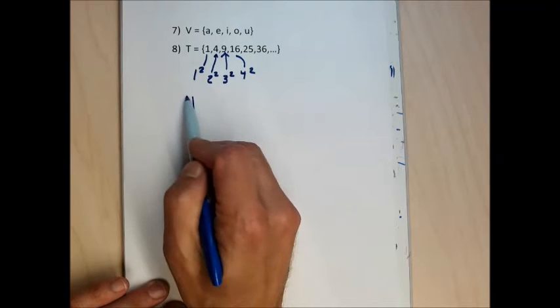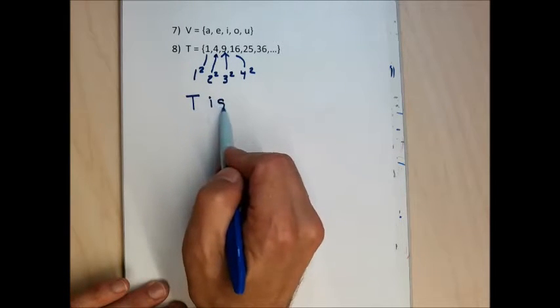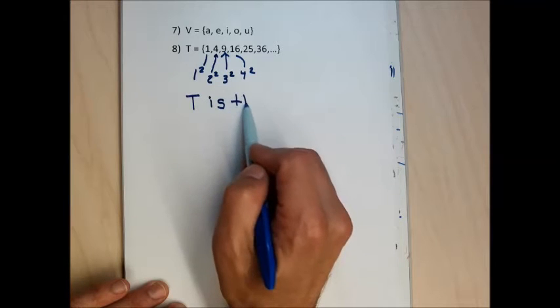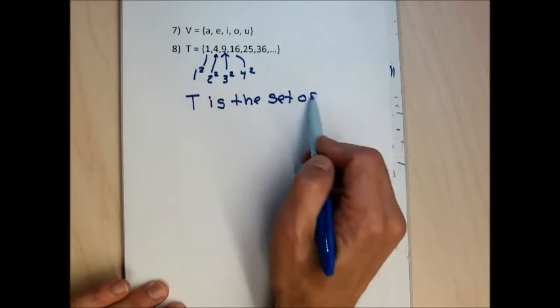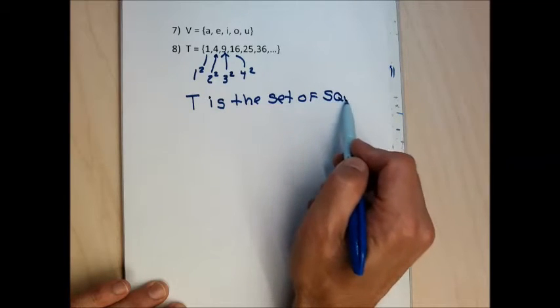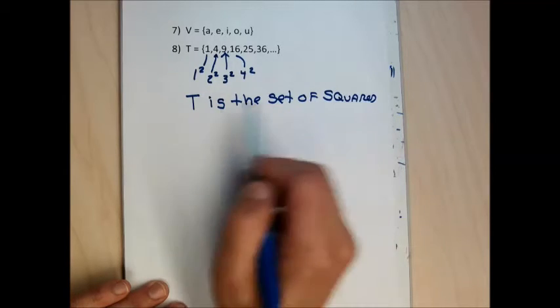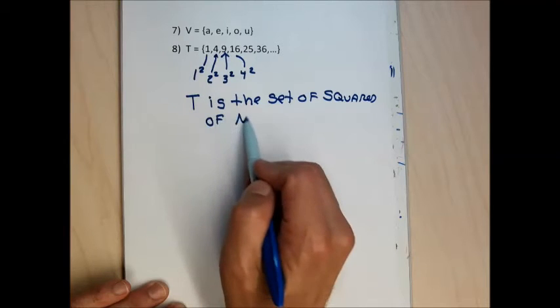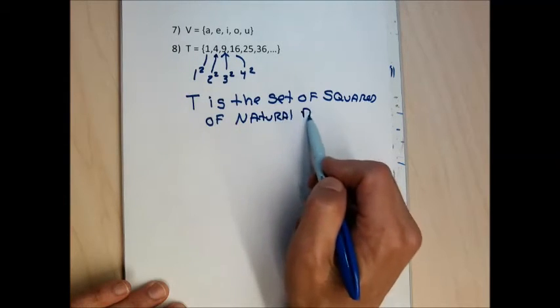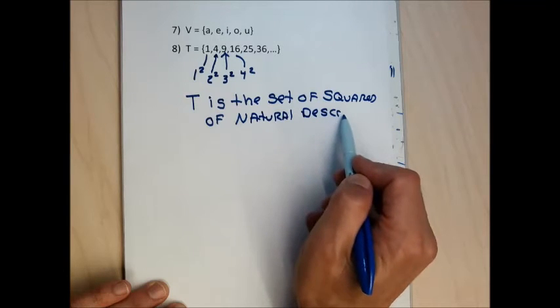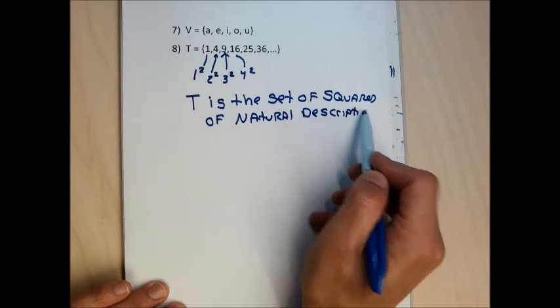I'm going to say T in my word definition is the set of squares of natural numbers. I don't know if that's the best description, but I understand what that means, and hopefully everybody that reads mathematics would understand.